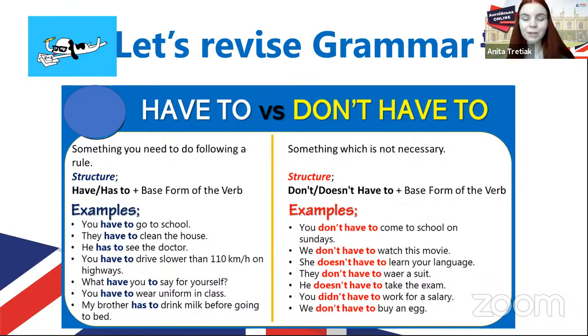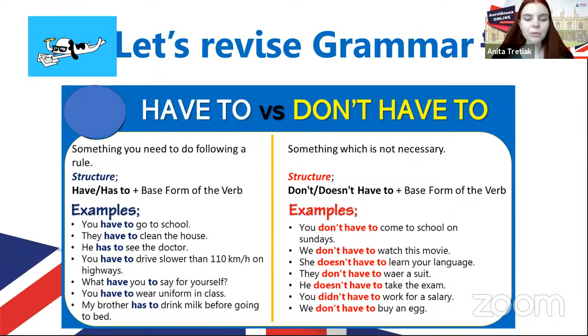Yeah, everybody knows that it's a rule for kids, because if kids want to be successful in the future, if they want to have a good job in the future, they need to study. And of course, they need to study at school. And if you need to study, you need to go to school.